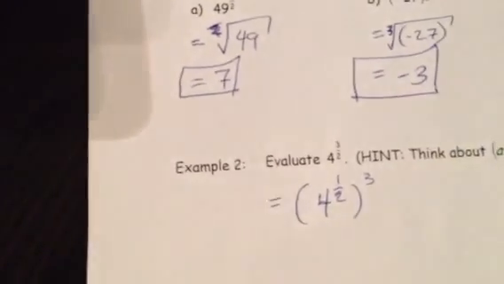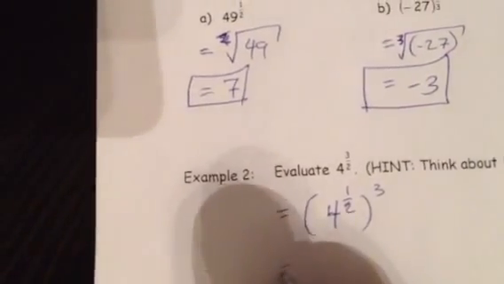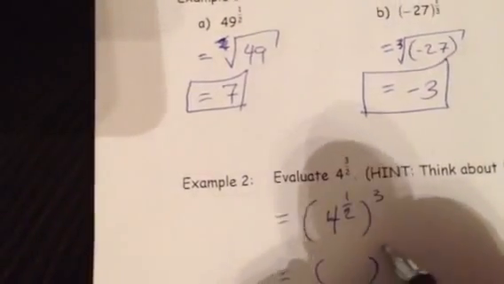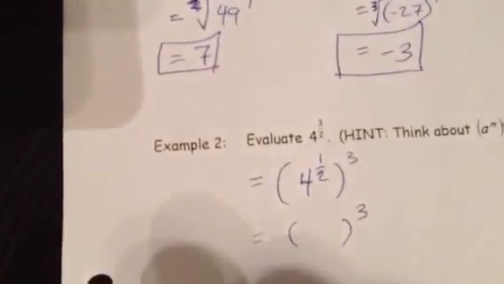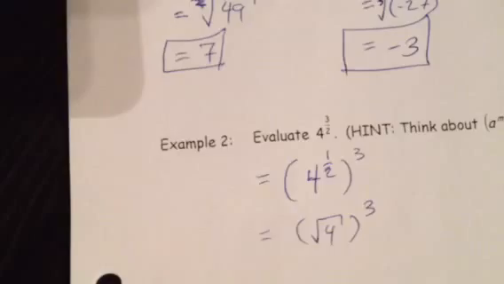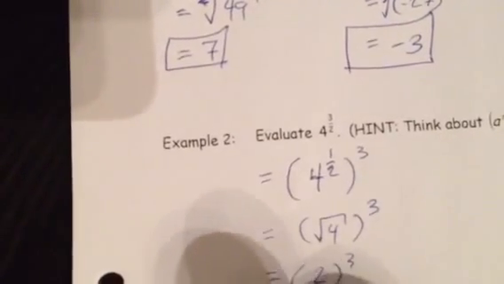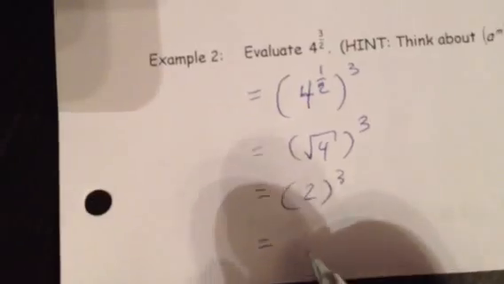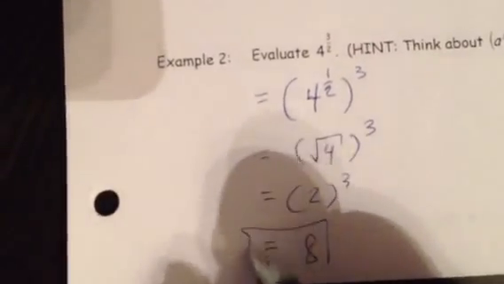So I just broke it up to be more simplified so that we can actually complete this problem, because we do know what 4 to the power of a half means. 4 to the power of a half means the square root of 4. And so continuing this, the square root of 4 is just 2, all cubed. And I take care of the cubed at the end. 2 cubed is 8. So the final answer there is 8.